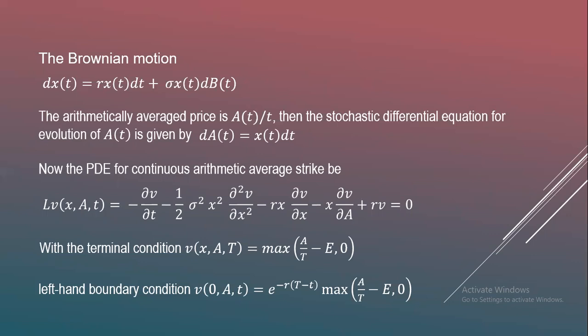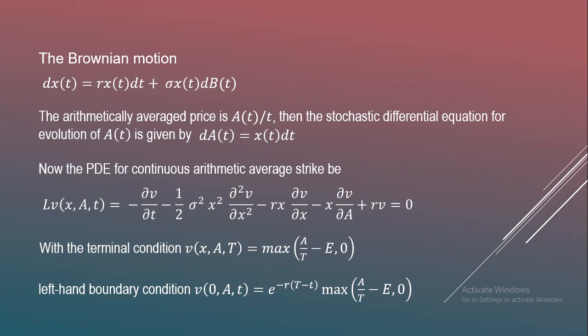So in the model, there are two conditions, the terminal condition and the left-hand boundary condition. For the terminal condition of the Asian call option price, V equals max of A_T over T minus E, 0.